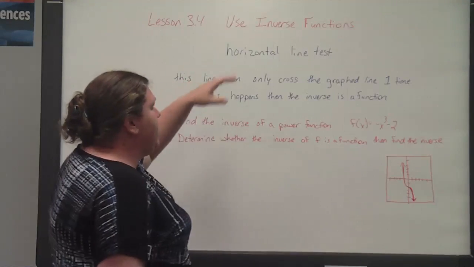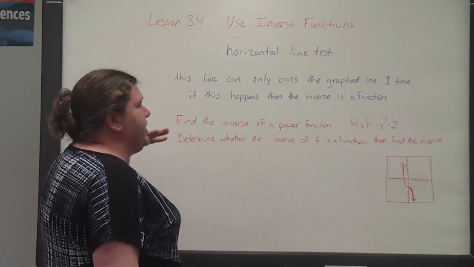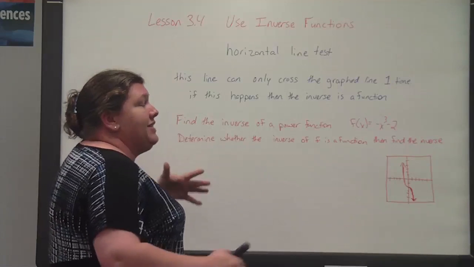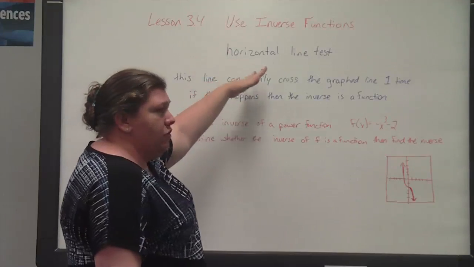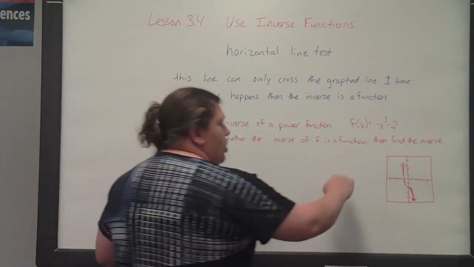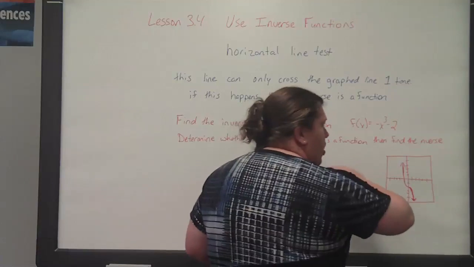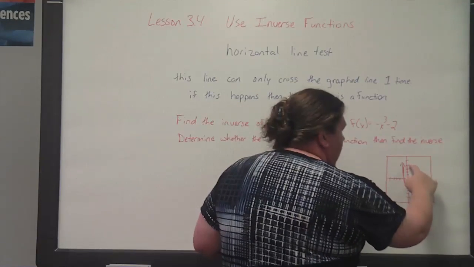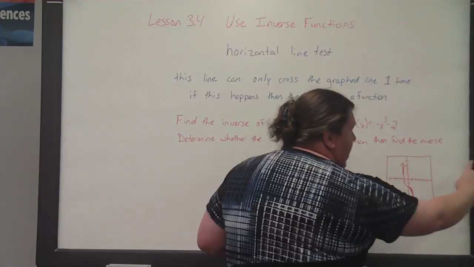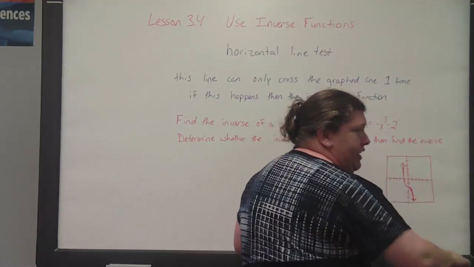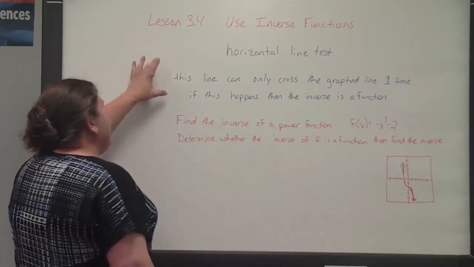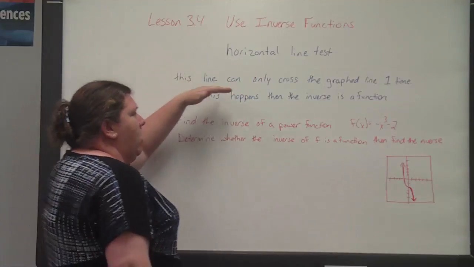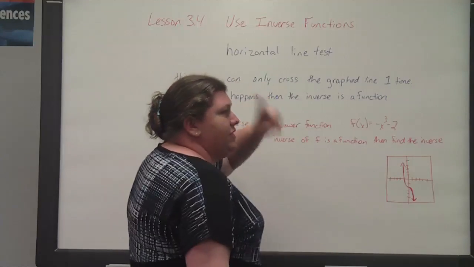But when we are looking to see if the inverse will be a function, we're going to use a horizontal line test, which means we are going to find a line at y and just go straight across all the way down if we need to. But the horizontal line test says that this line can only cross the graph line one time.